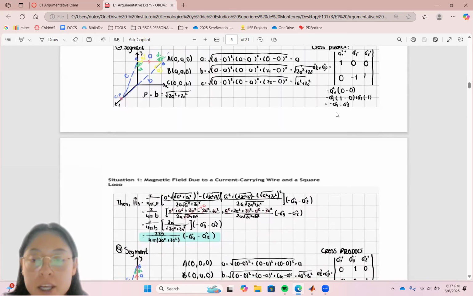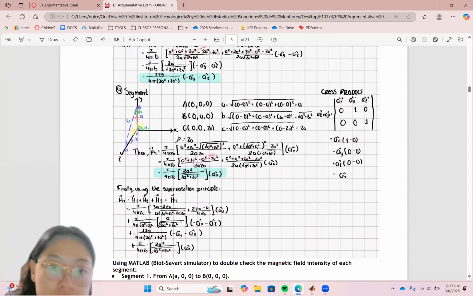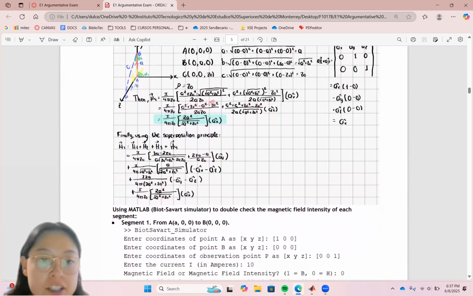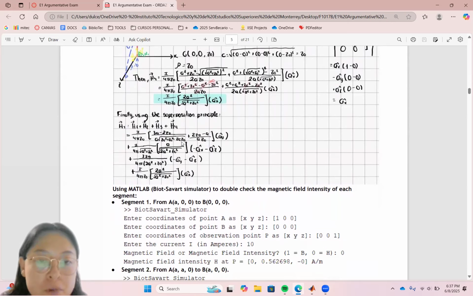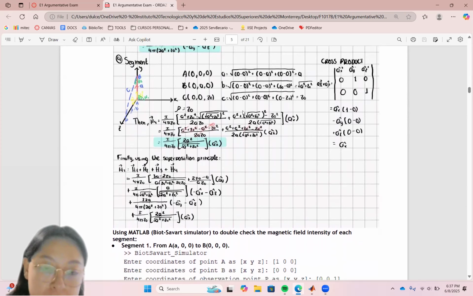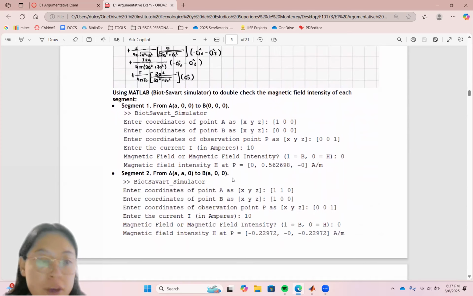Also I obtained two directions in this case, and for segment number 4, I obtained the unit vector x. For the superposition principle, I add all the magnetic field intensities that I obtained for each segment, as we can see here. And I verify the direction with MATLAB.